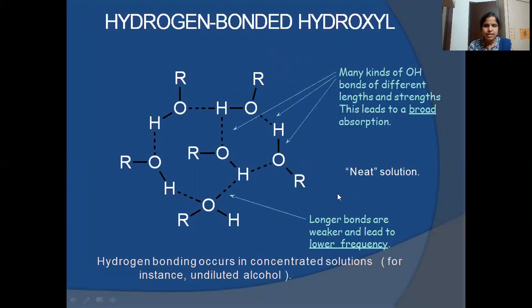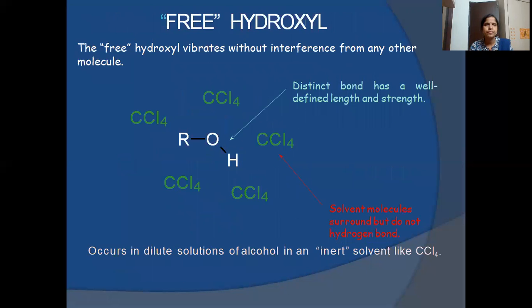Now the same thing that I said. You can see the hydrogen bondings between the alcohols. When a hydrogen bond is formed, longer bonds are formed, they are weak, and therefore the absorption is decreasing. Then the free hydroxyl group will have higher frequency.